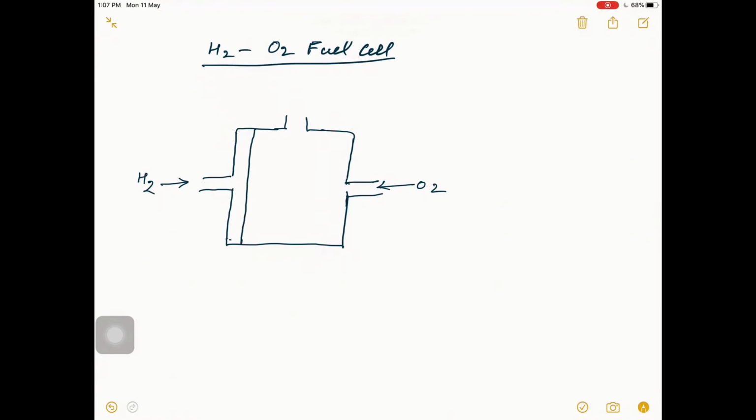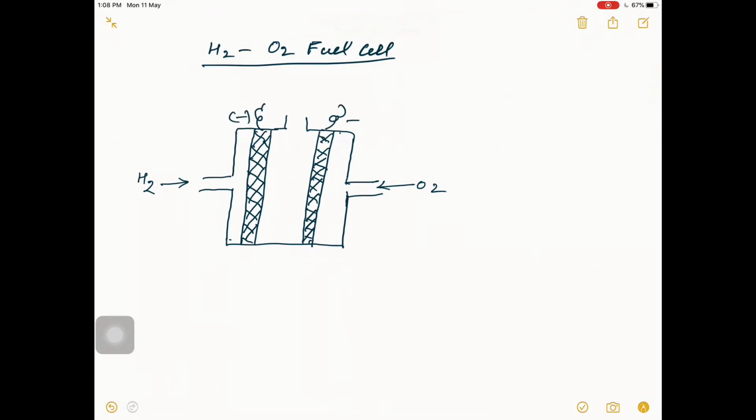This container has an opening on one side, and we say this is the hydrogen oxygen fuel cell. These are two porous electrodes made up of carbon.